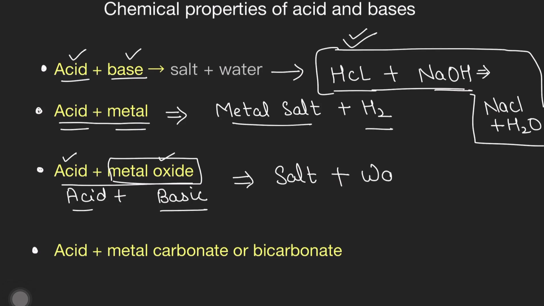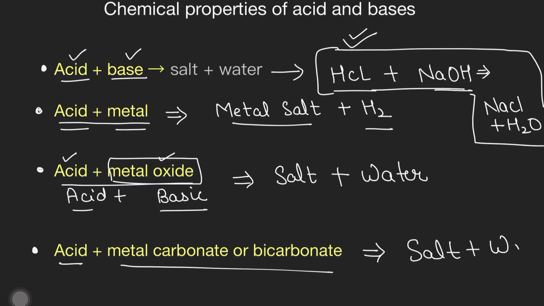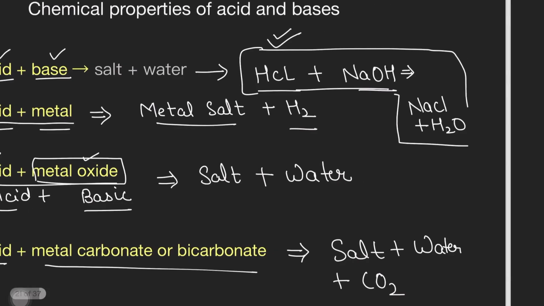So salt and water will be produced as a result. Now for the last part, when acids react with metal carbonate and bicarbonate, we will get three products: a salt plus water plus carbon dioxide.